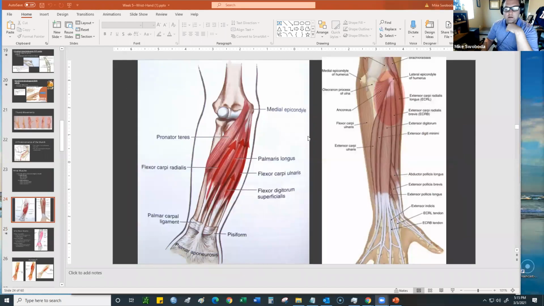All right. And then to go back over our muscles, remember any extensor is going to bring the wrist back. Carpi or radial, that's going to tell you if you go thumb side or pinky side. Let's see here. What muscles are going to allow me to flex my DIP and PIP joints?